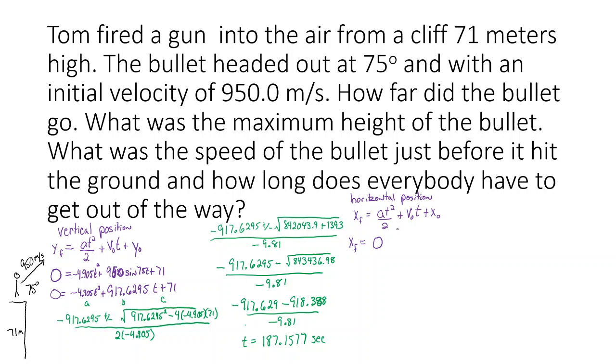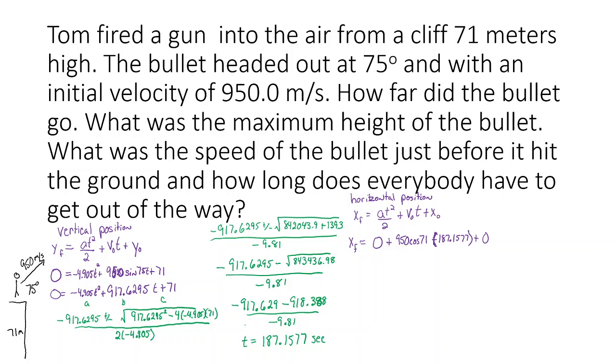It's not accelerating horizontally, just vertically, and the only thing accelerating it is gravity. Our initial velocity in the horizontal direction is 950 cosine 71, times the time, which was 187.1577. So that was the time, and then plus the initial position, which was 0.